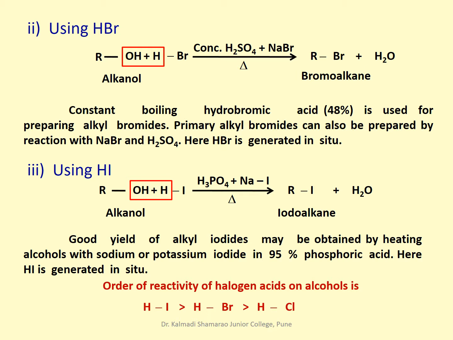As bond length increases, bond strength decreases. Thus, the HI bond is the weakest and the HCl bond is the strongest. Hence, the HI bond breaks faster and hence it is more reactive as compared to HBr, which is more reactive as compared to HCl.